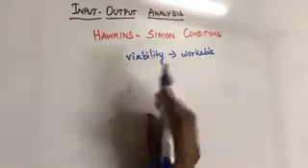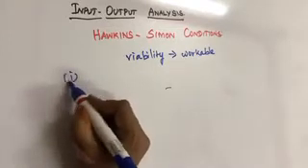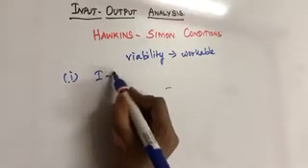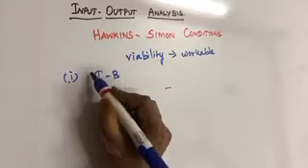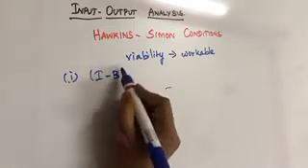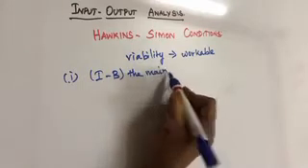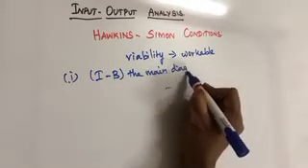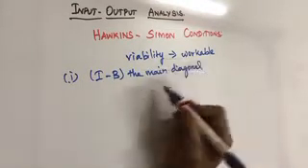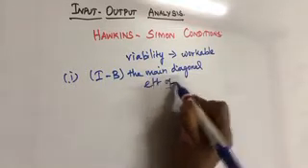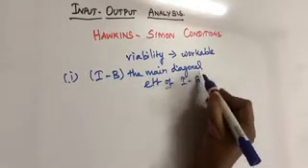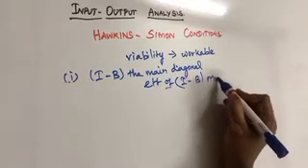The first condition is, in the matrix I minus B, the main diagonal elements, the principal diagonal elements of I minus B, must be positive.